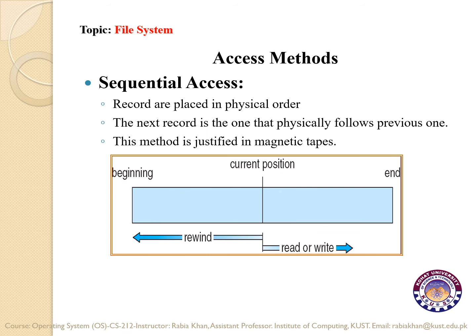In this method, the record or files are organized in sequence, mainly in some order, such as the alphabetical sequencing of files. But this method is mostly helpful for accessing MP3 or MP4 files that are stored in physical order and they are played in sequence.